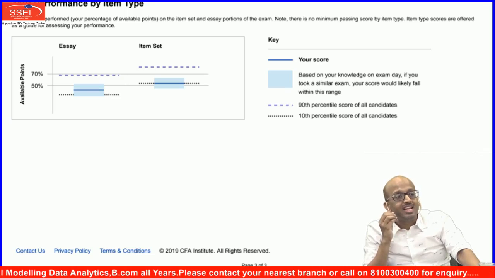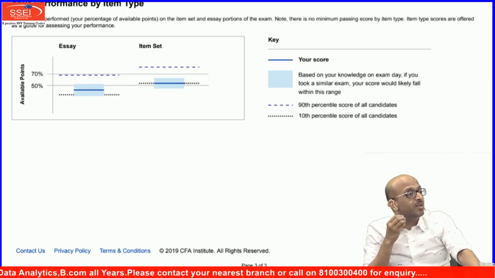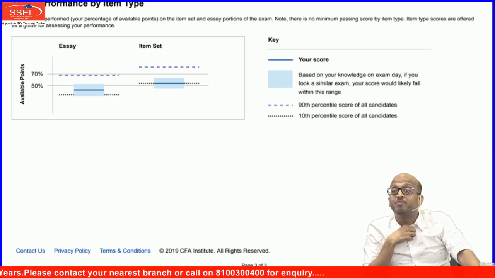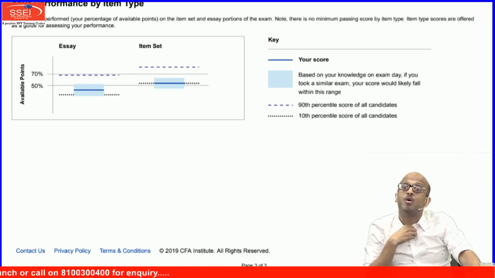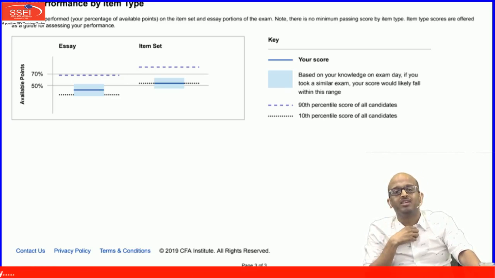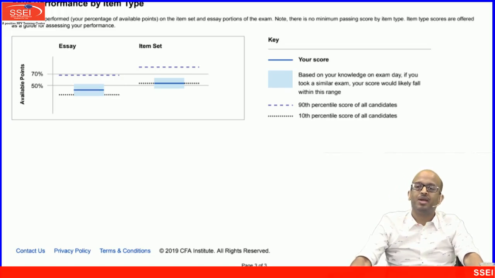Which means all the candidates who appeared for the exam, almost everybody scored more than 50% marks in the PM session. Understood? So what level of competence is required in PM when you are saying my paper was good? Did you get all the questions correct? Then speak about it. Okay?